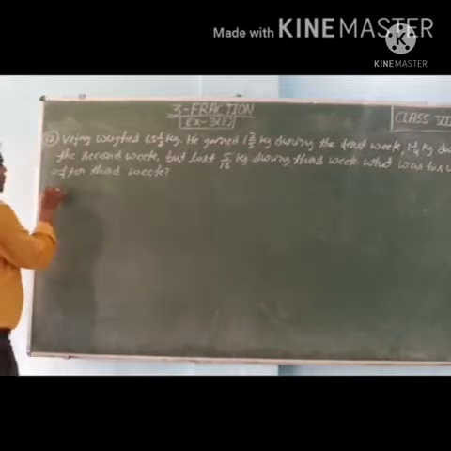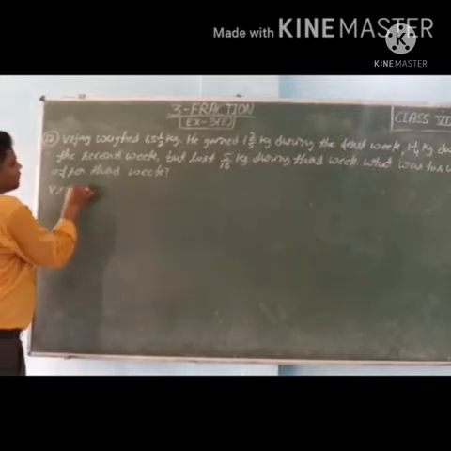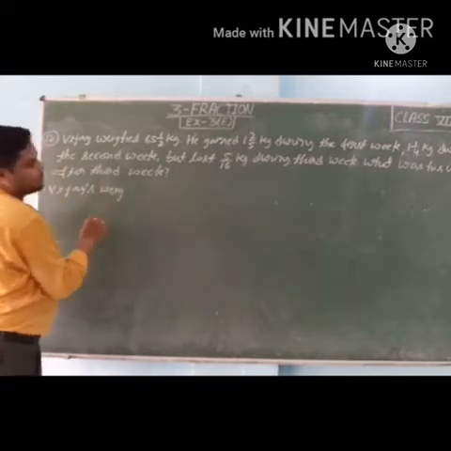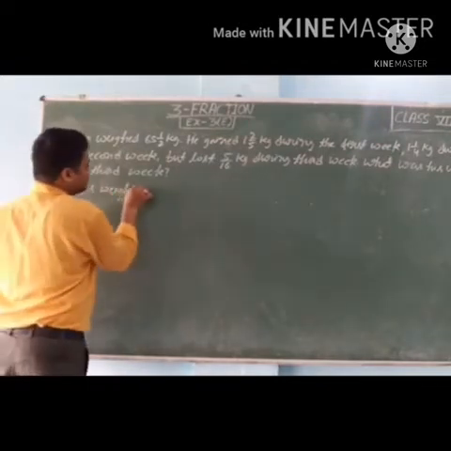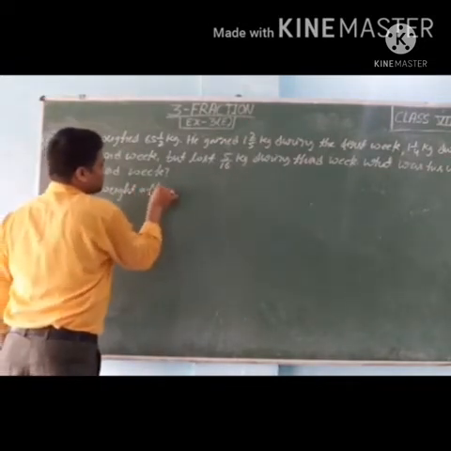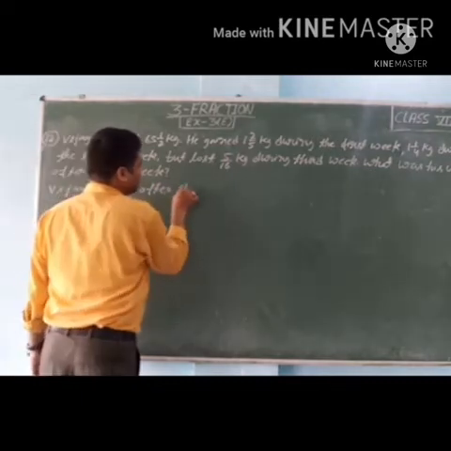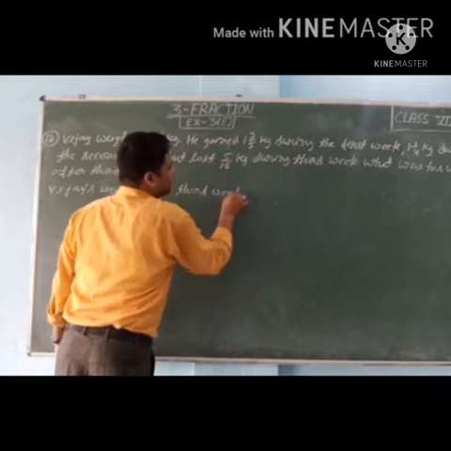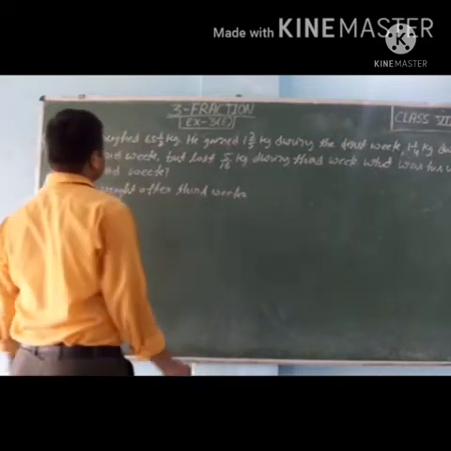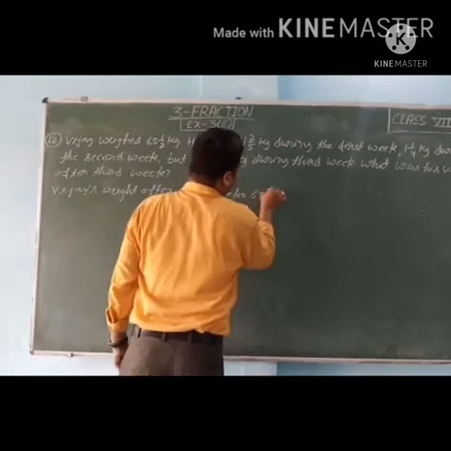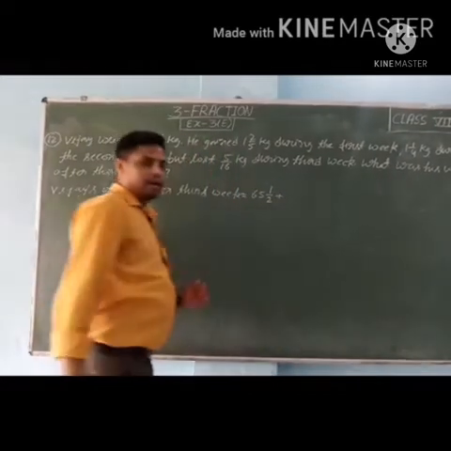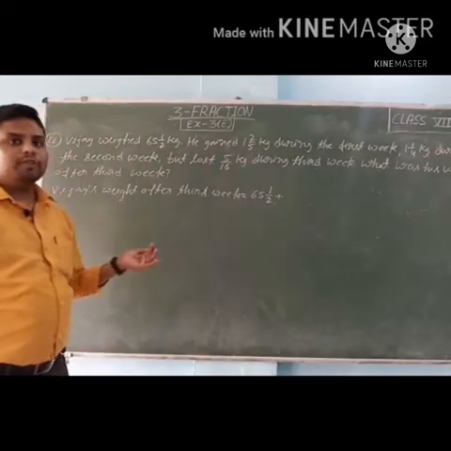So Vijay's weight after third week is equal to, what was the weight? 65 whole 1/2, plus gain we will add and lost we will subtract.